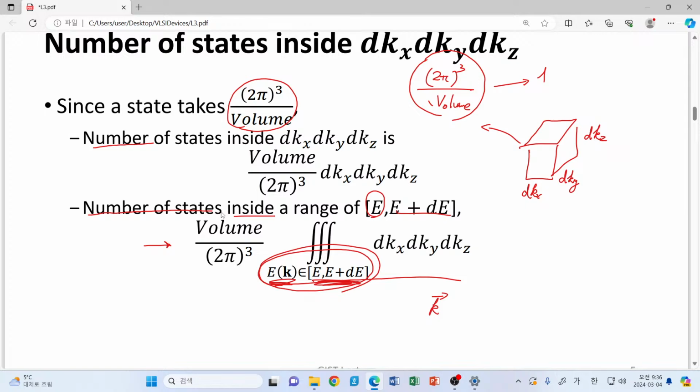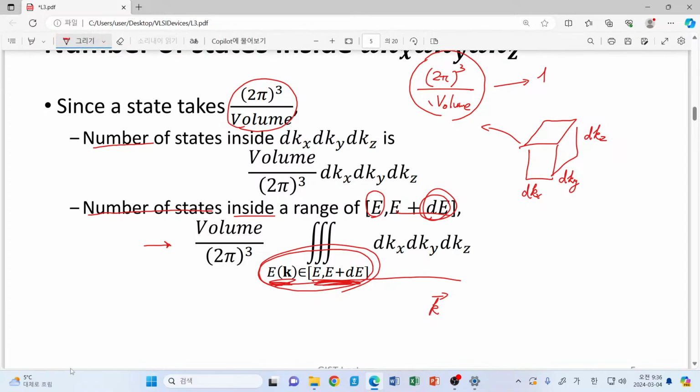Now you may feel that this is closely related to the density of states. The physical meaning of this number is that we have a certain energy level and a certain margin for our energy, and how many states are there.